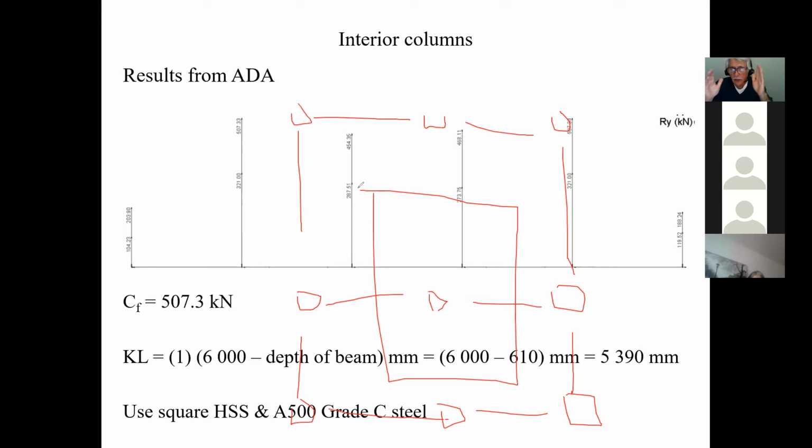Because the real definition of the tributary area is from the point of zero shear to your supporting member. The reason this works for simply supported is that the point of zero shear is right in the middle. But if I can find the point of zero shear for the Gerber system, I can calculate the tributary area.